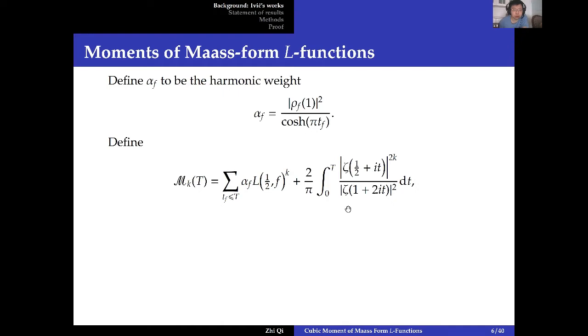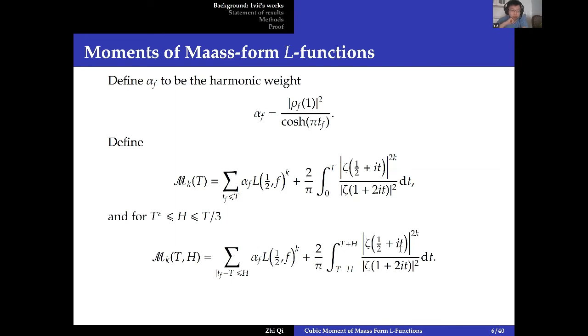We're going to consider this M_K(T), and we're going to sum over these Maass forms with parameter small t being smaller or equal to capital P. We average the K-th power of these central values, weighted by these harmonic weights. And also we have this Eisenstein, or you can say Riemann zeta, 2K-th moment. This comes from the Eisenstein series.